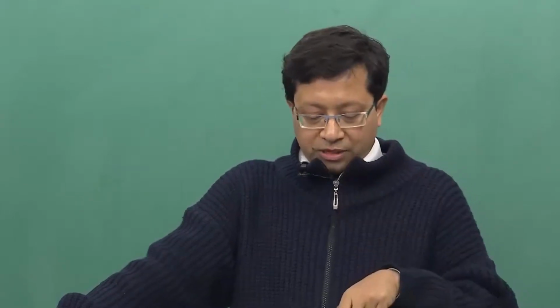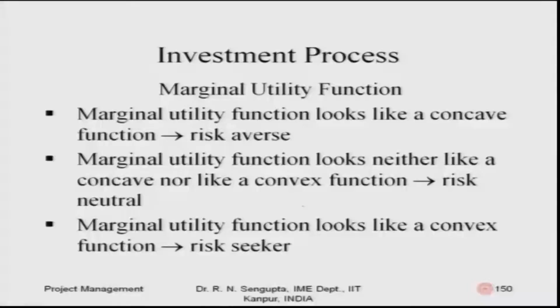It obviously means the marginal utility function looks like a convex function, hence the person is a risk seeker. The blue one is the second bullet point, where the marginal utility function looks neither concave nor convex, which is a straight line, which is risk neutral. And the green one, which is dipping going like this, is a risk averse person.